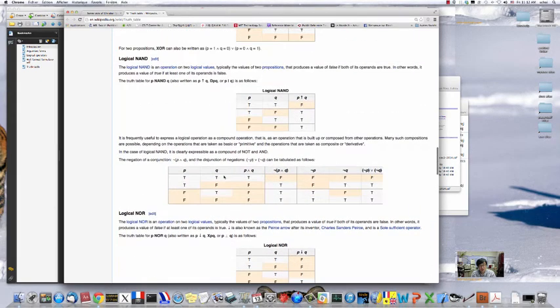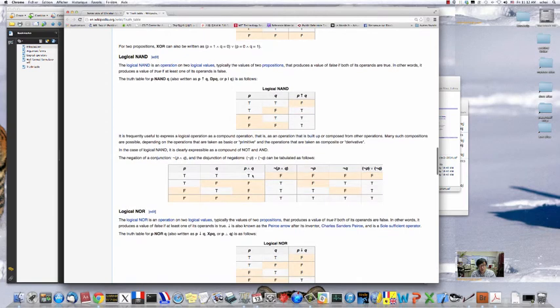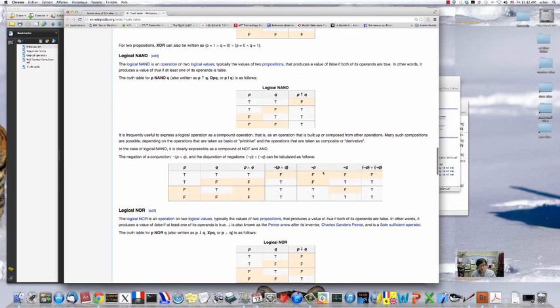The way to build it, for example, is here. Suppose you want to understand the value of this sentence. You first write P and Q, and write down not P and not Q. So true, false, false, true, and not P has this value, not Q has this value.